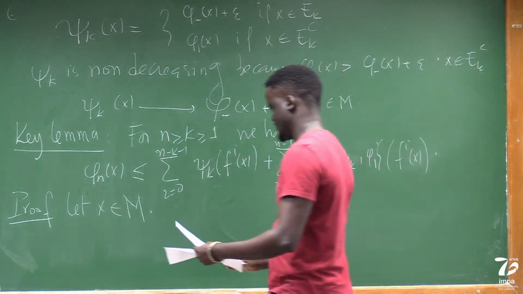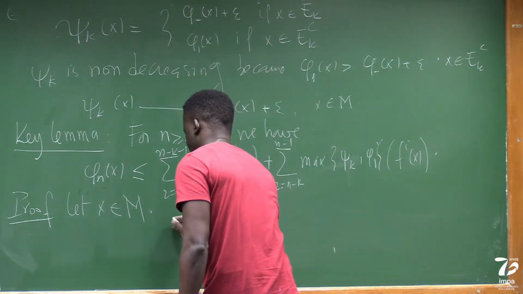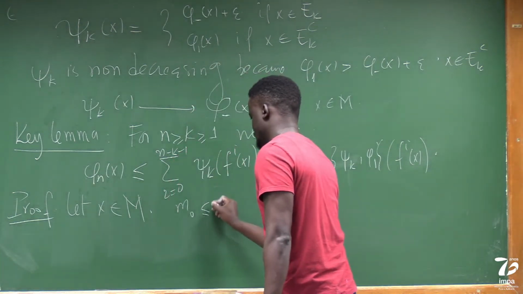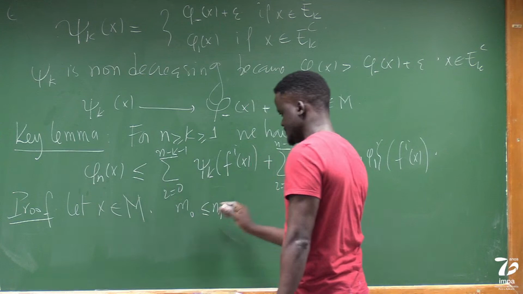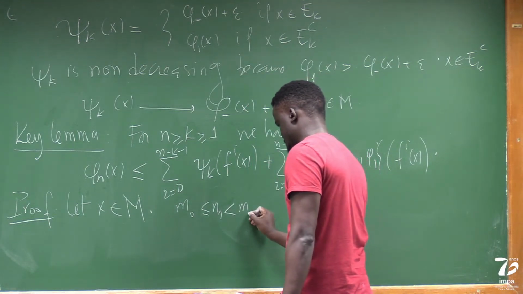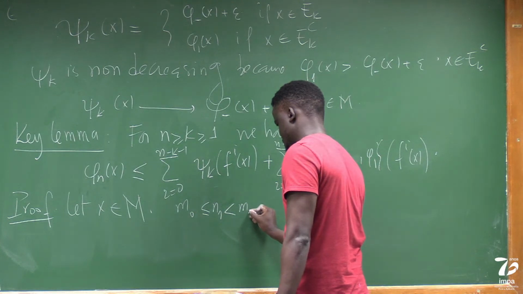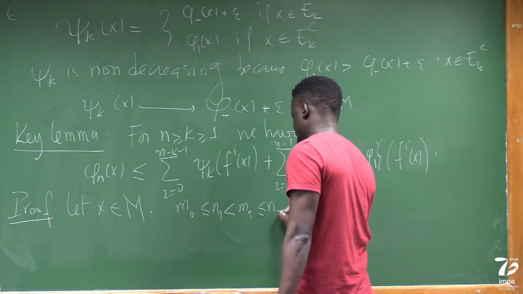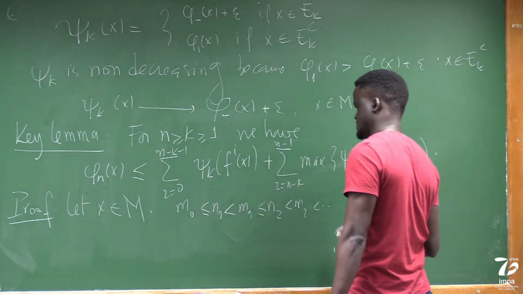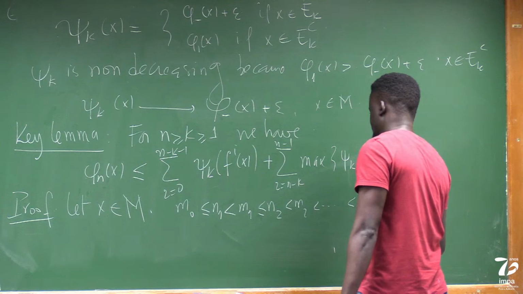So you define numbers like this. So you have a splitting like M0 less or equal to N1, less or equal to M1, less or equal to N2, less than M2, and so on, less than N_L.